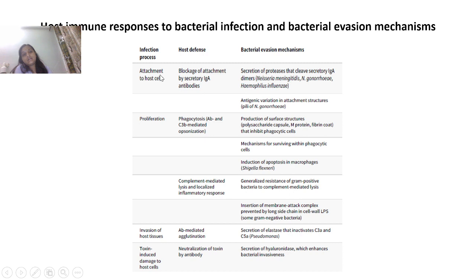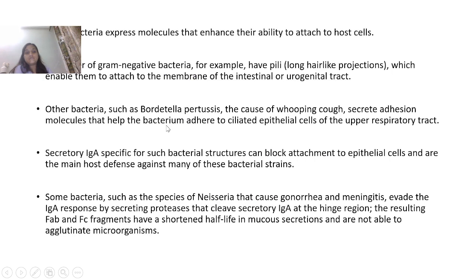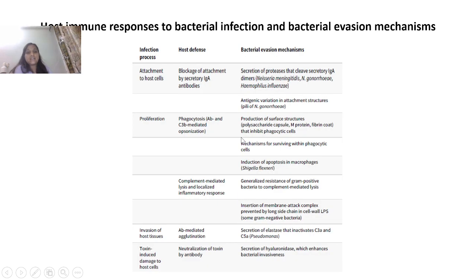Then certain bacteria are there which prevent the phagocytosis process. While proliferating, if certain antibody and C3b mediated opsonization will be there, as I showed you earlier, they will produce some surface structure. For example, they will produce some polysaccharide capsule, then M protein, then fibrin coat.